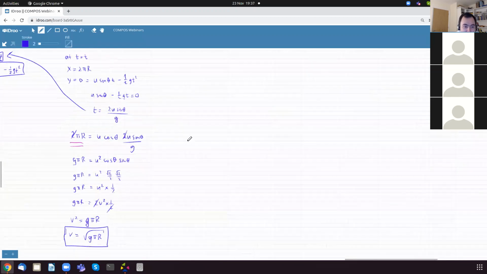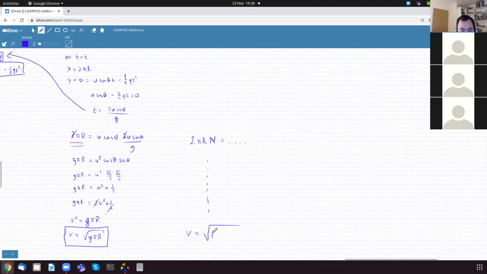It's going to be 2 pi rn after n rotations. So nothing will change until the very last moment. The only difference, if you repeat the calculations, is that it's going to be square root of n g pi r.